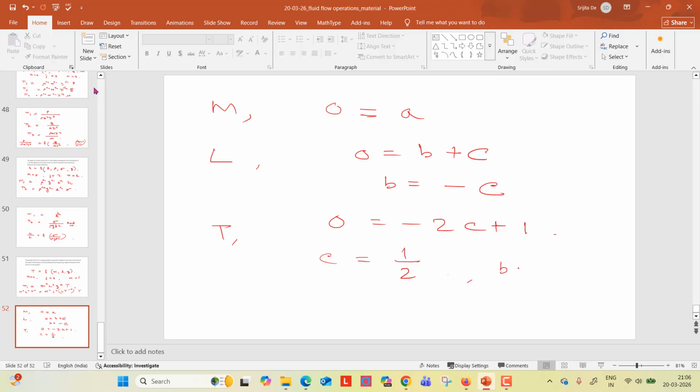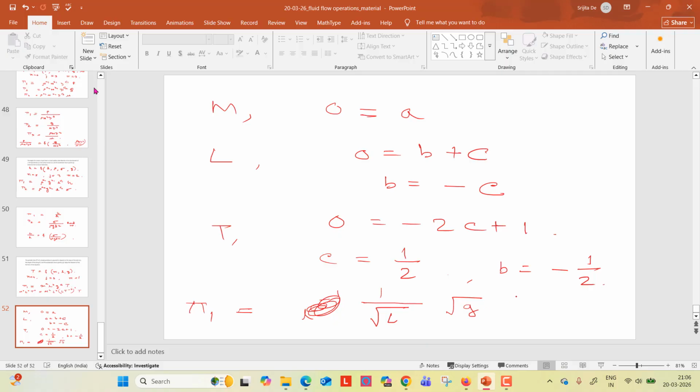So now you can write pi 1 will be m to the power 0, which doesn't survive, so l to the power b, l to the power minus half, or 1 by root l, root g into t.